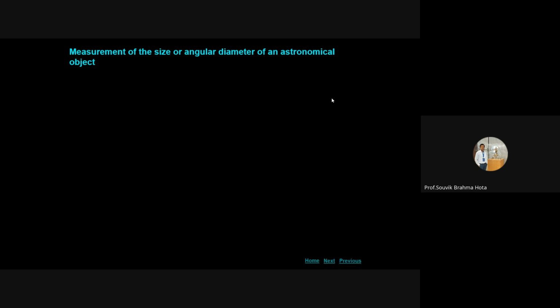Now, measurement of size or angular diameter of an astronomical object. Here you can see D of an astronomical object, and E denotes the Earth.